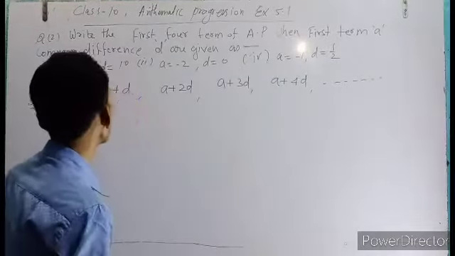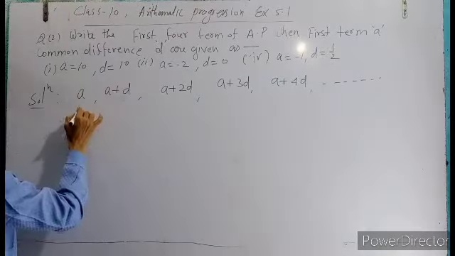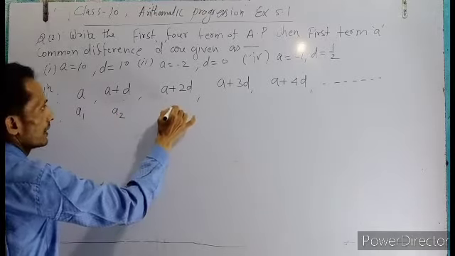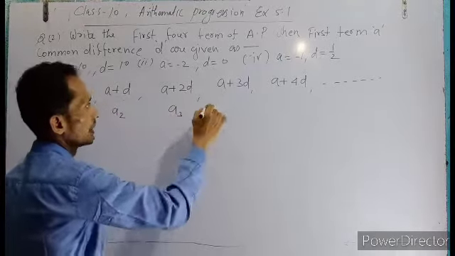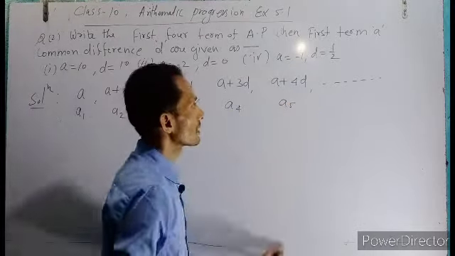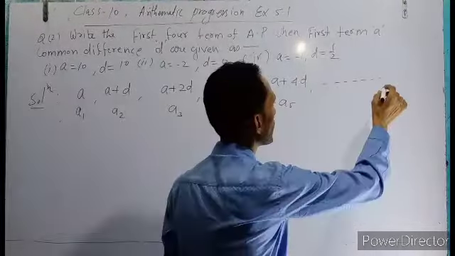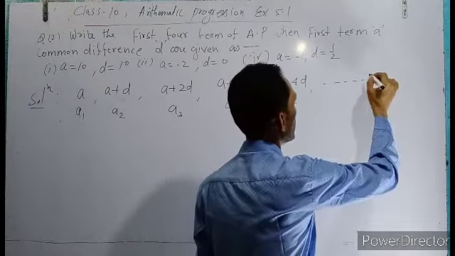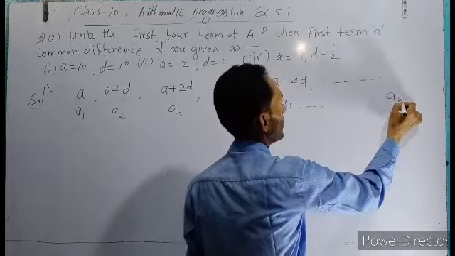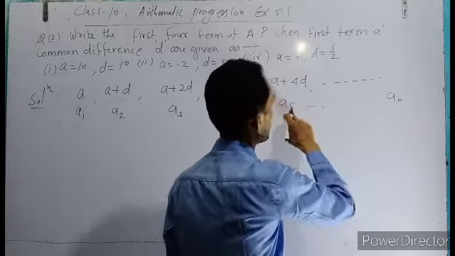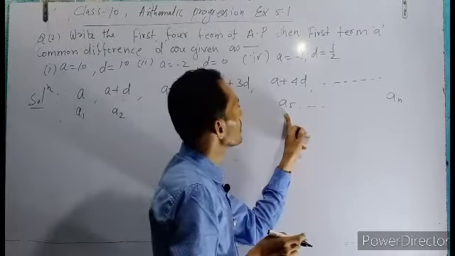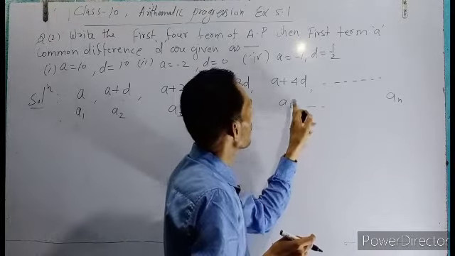So you can observe that this is A1, this is A2, this is A3, the third term, this is the fourth term, this is the fifth term, and this is the nth term, up to An. For the fifth term, it will be 4 less than 1, so the nth term is 1 less than n.